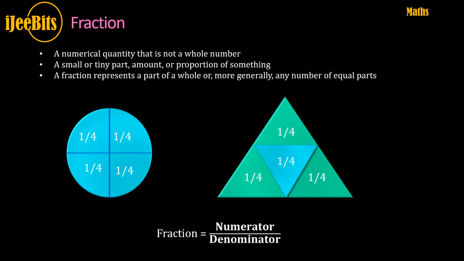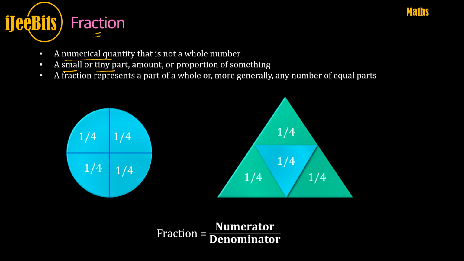What is meant by fraction? We know a fraction is a part of a whole number, a numerical quantity that is not a whole number. A small, tiny part of a whole is also known as a fraction.